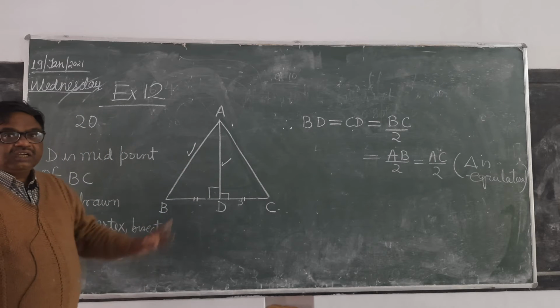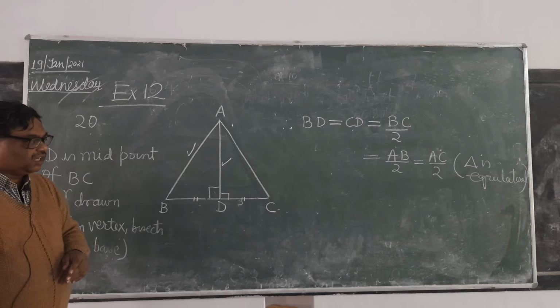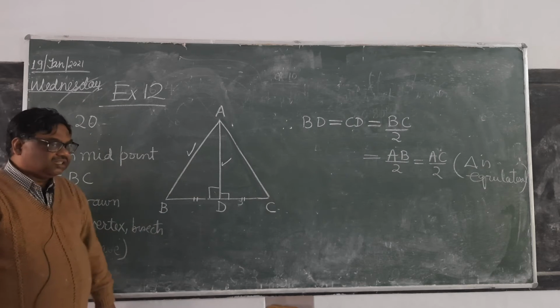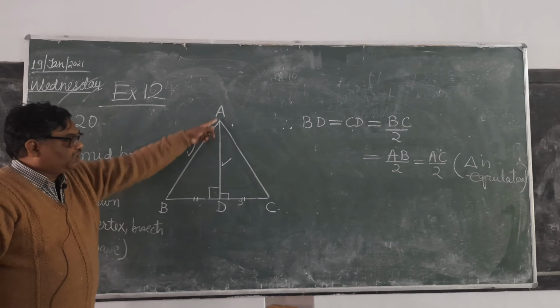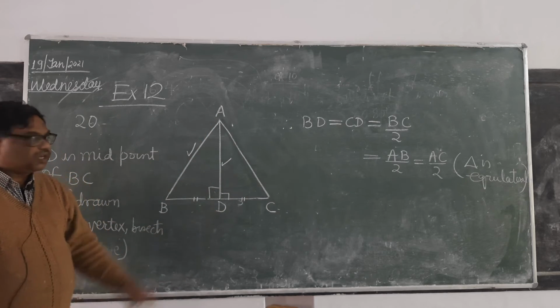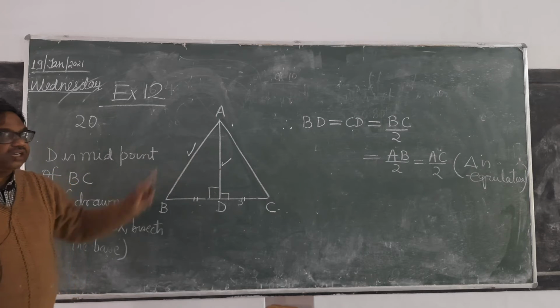So see here. Now which right angle triangle will you take here? ABD or ACD? You will take ADB or ADC? ADB, because you have to prove 4 times this equals 3 times this.